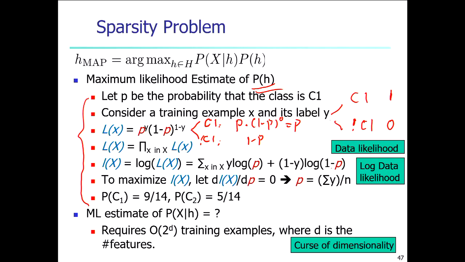We are trying to do the maximum likelihood estimation. That's why, in order to maximize this log data likelihood, we take the partial derivative with respect to p. And we would have P equals sigma y divided by n, where sigma y is actually the number of samples that have the label C1.